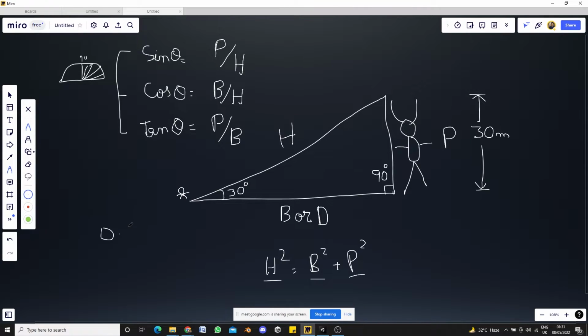Just write it down. Actually, the actual value is 1 by root 3, but for your simplification I'm just providing you the value. For tan 30, tan 20, tan 45, the value will always change, but for this case this is the value. So kindly share your screen.